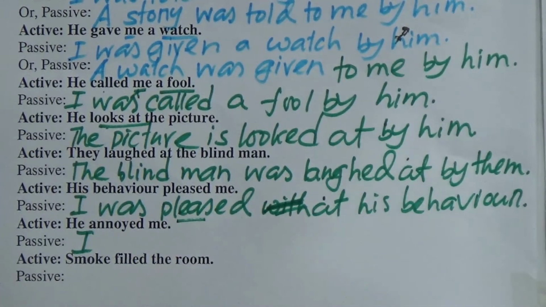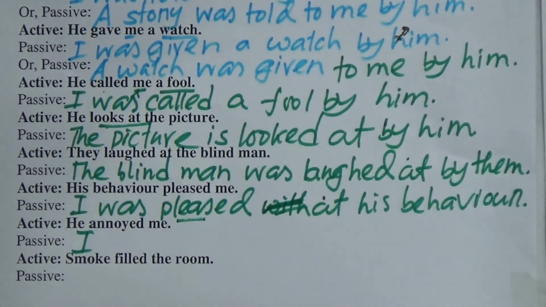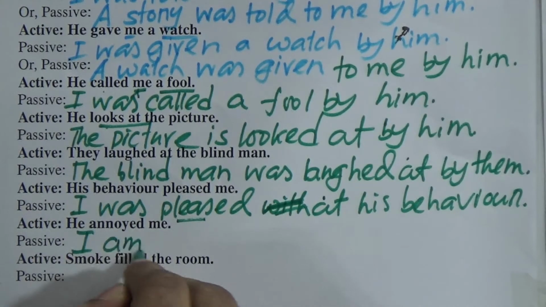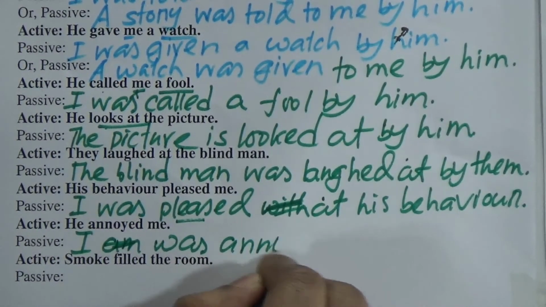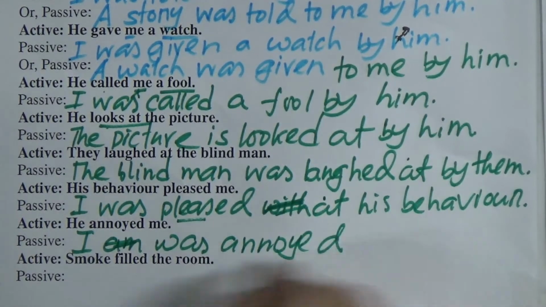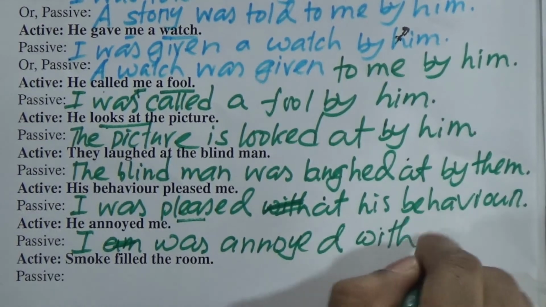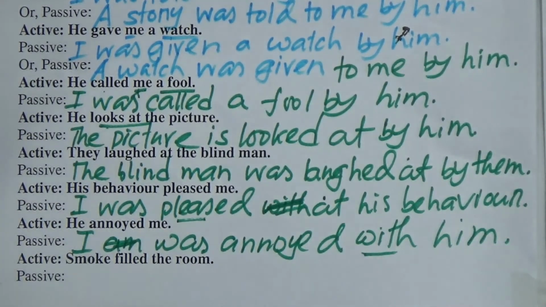If any verb takes a preposition after it, we have to use this preposition, and you do not need to use by. He annoyed me. So I was, past indefinite tense, annoyed, A-N-N-O-Y-E-D. After annoyed, the verb takes the preposition with, and he will be him. We haven't used any preposition by.